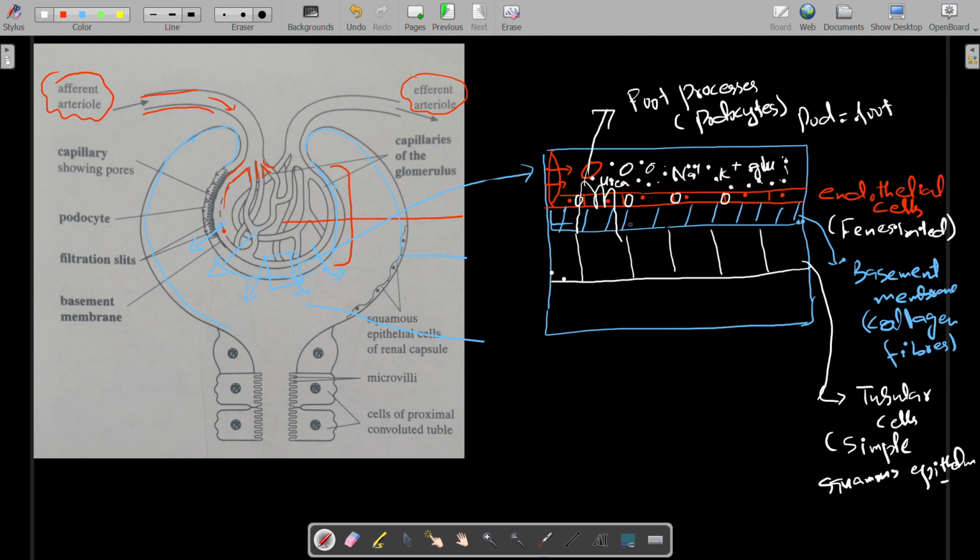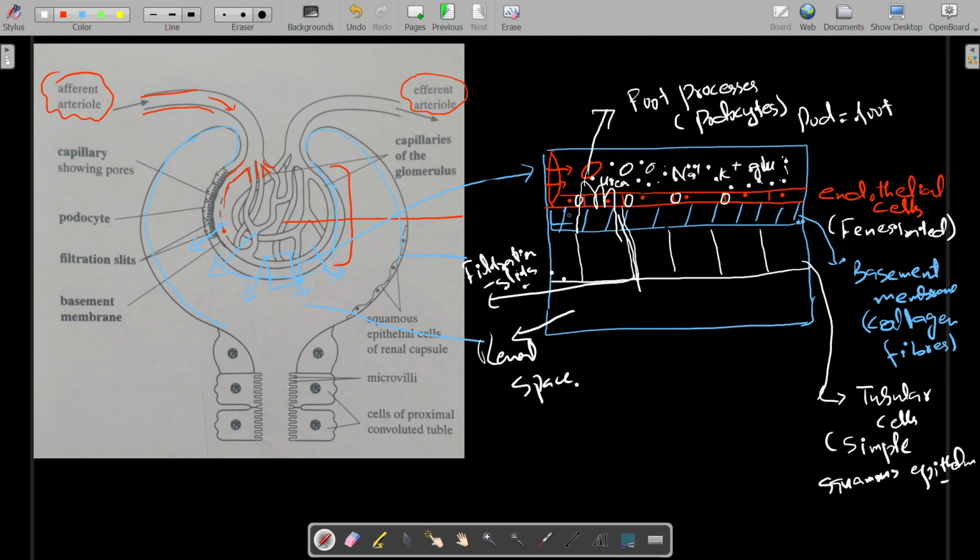But in between these podocytes, there are small slits through which the filtrate leaks out into this space, which is your renal space or the Bowman's space. These slits are called filtration slits, or slit pores.